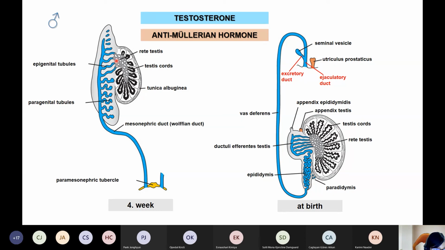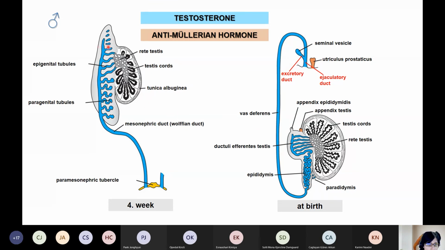This is made by tubules of the mesonephros. They are mesonephric tubules. At this level, we find the epigenital tubules, and the epigenital tubules will be the efferent ductules of the testis. The later stage you see here on the right side. So from these epigenital tubules, we get the efferent ductules of the testis.